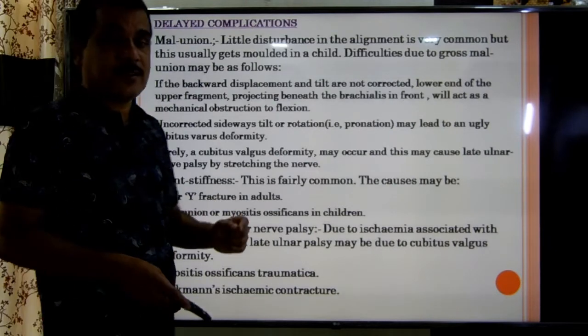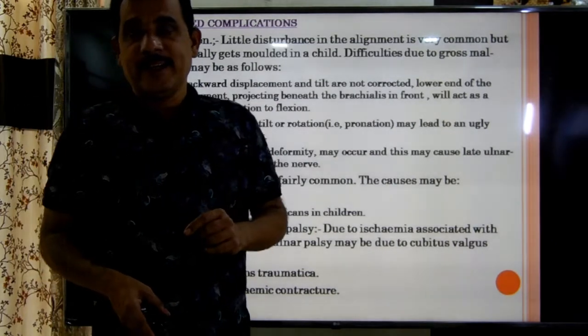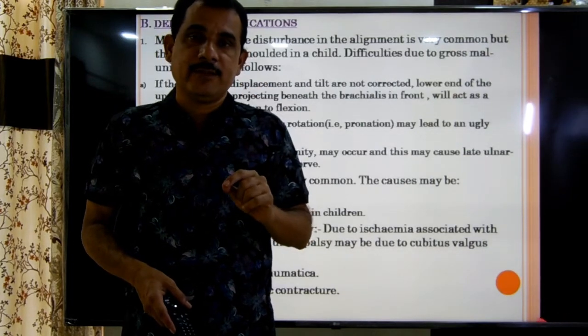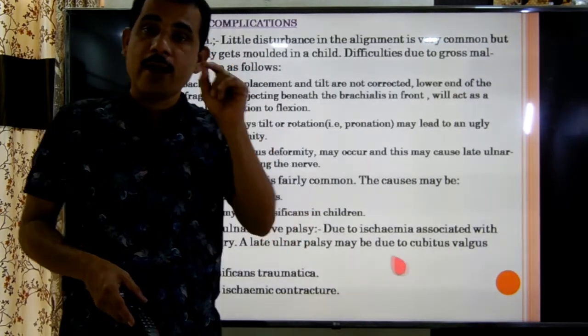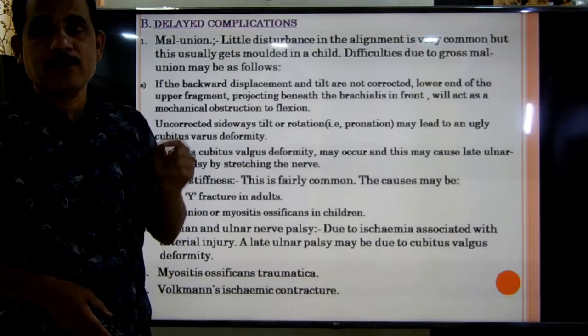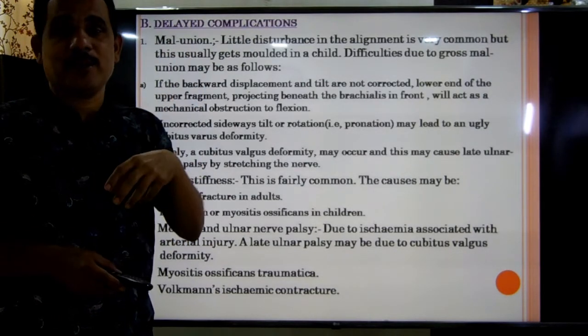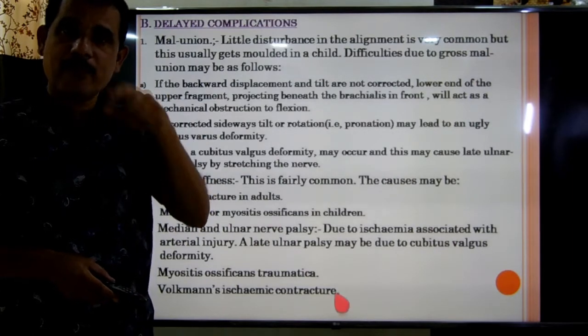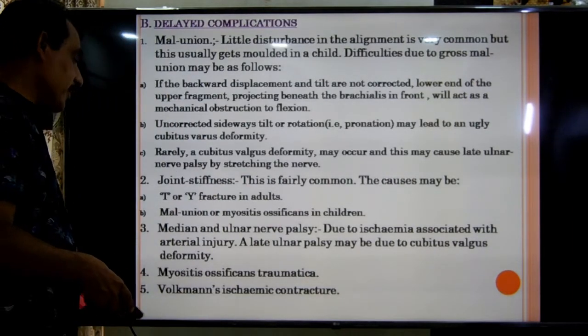Myositis ossificans traumatica is a common delayed complication in supracondylar fracture of the humerus, where there is calcification in the muscles around the site of the fracture. We will discuss myositis ossificans in the next lecture.